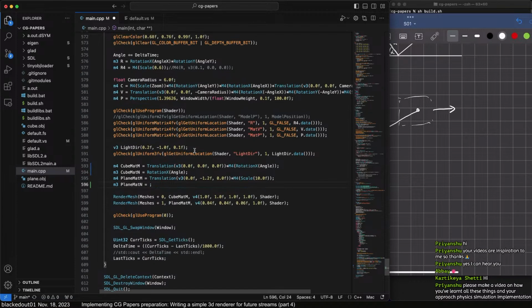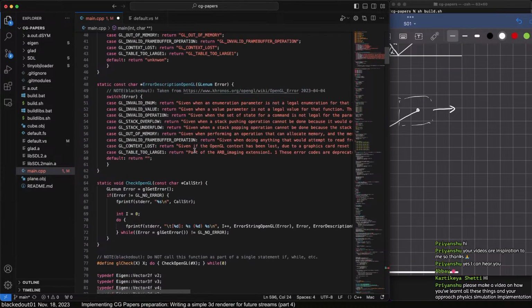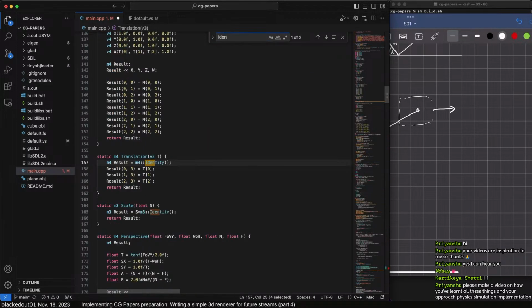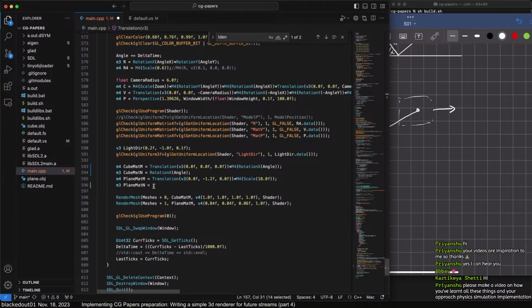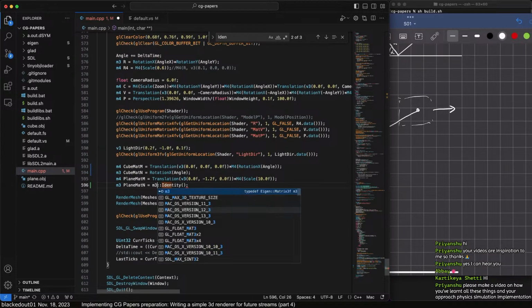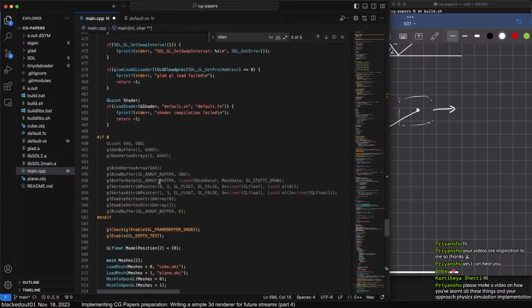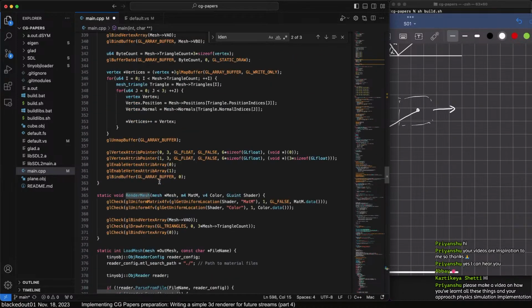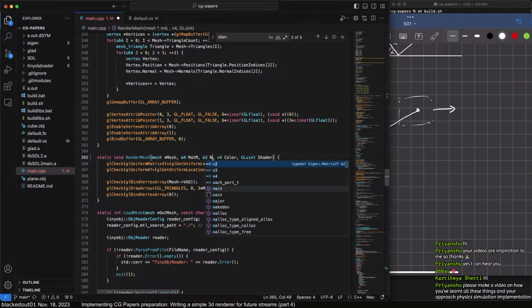I'm not sure if I have defined that. Well, okay. So yeah, and now we need to put these matrices into the shader as well. Render mesh, and besides the model matrix, we also pass in the normal matrix.